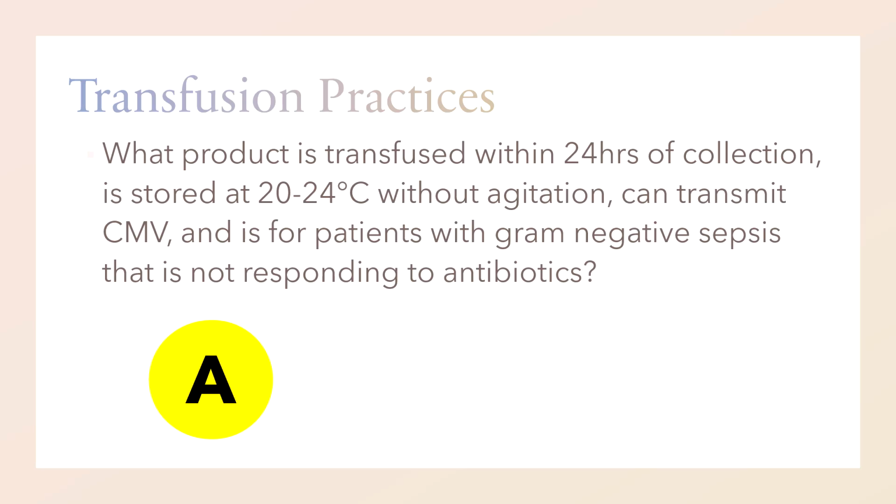What product is transfused within 24 hours of collection, is stored at 20 to 24 degrees Celsius without agitation, can transmit CMV, and is for patients with gram-negative sepsis that is not responding to antibiotics? Granulocytes.